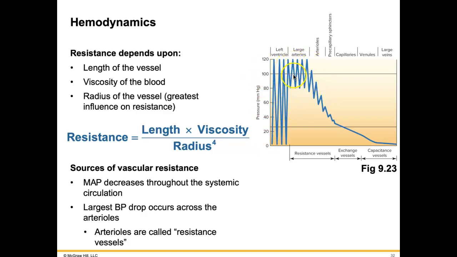So our large arteries have a ton of pressure that builds up, and as we narrow that diameter, moving to our arterioles and our precapillary sphincters and our capillaries, we're going to start to see that the pressure decreases. And that too is also because we're going to have more resistance, especially once we get down to the capillaries, and that blood has to go through many smaller vessels to then travel through our venules and our veins back to the heart.